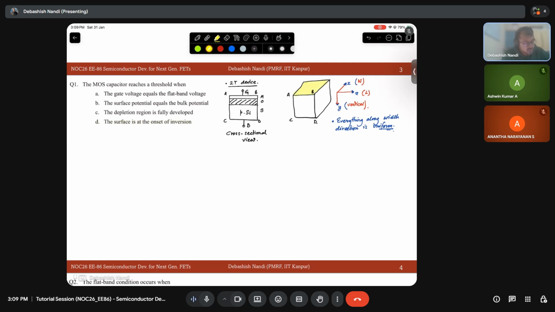You will send to them only this portion, this rectangle, okay? And your design will look like this. So it is something you are looking at from the top. So this is your length, this is your width.